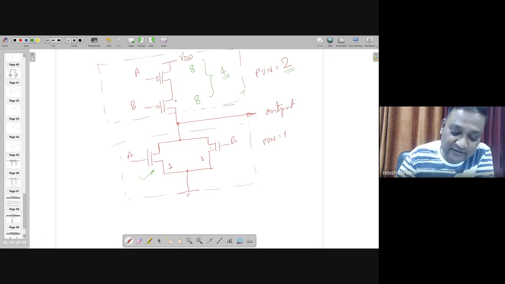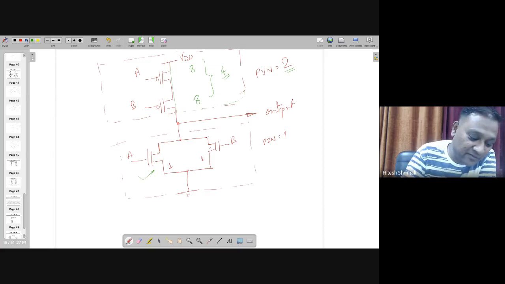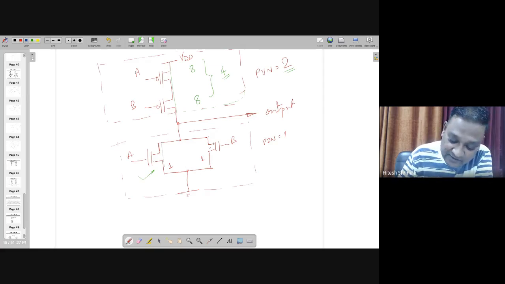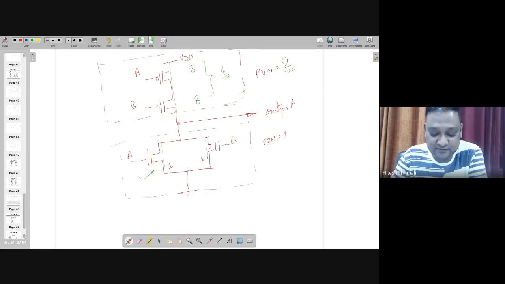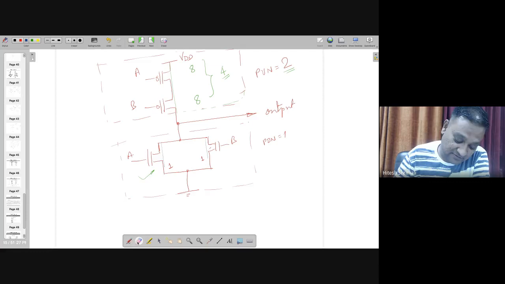Here I can't do that, right? If any one of the transistors is off, things are gone, right? So both the transistors have to be on to make this path going from VDD to ground. But for making this, any one of the branches is good enough, right? So in that case, I can take this one as 1-1 and this one as 4-4.